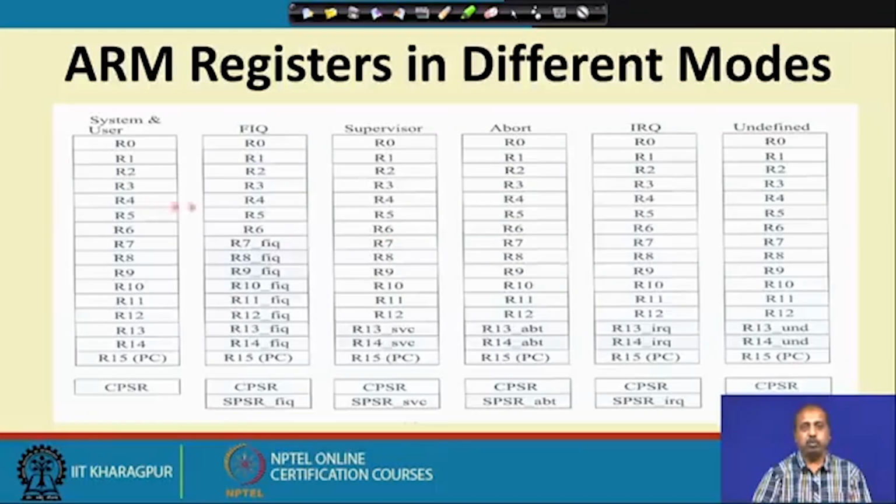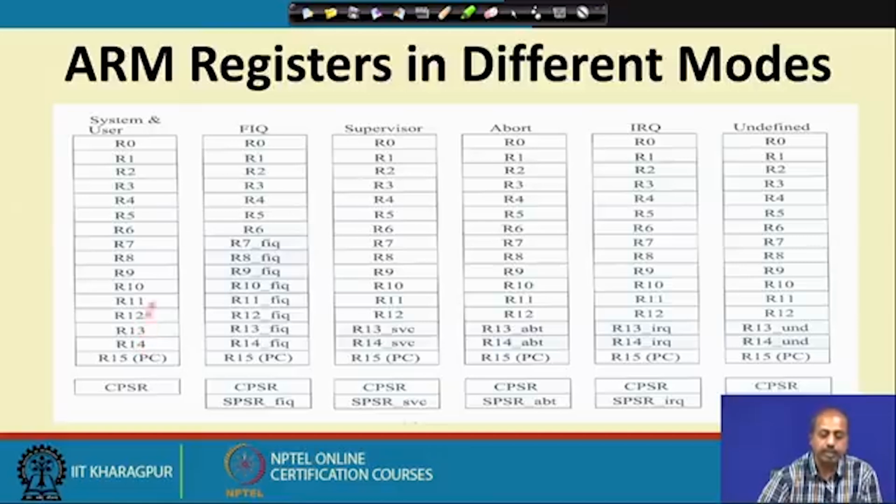Now, in different modes, this ARM has got different sets of registers. This is the system and user mode, and they share these registers R0 through R15. These registers are marked for the user mode and system mode, so these registers are common. I have already said that R15 is the PC, R14 is the link register, R13 the stack pointer.